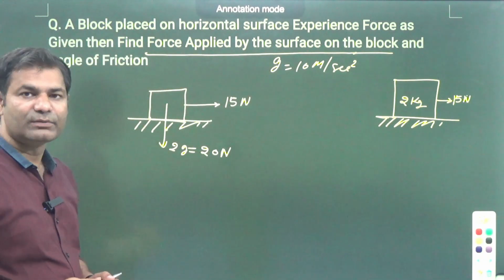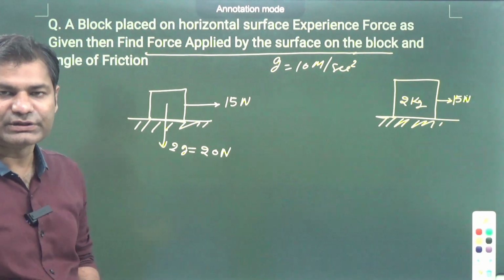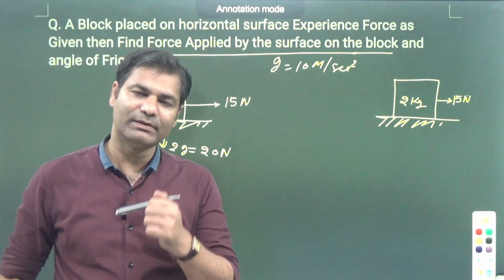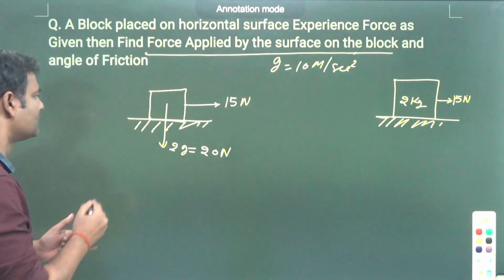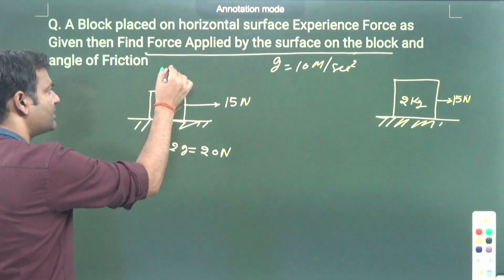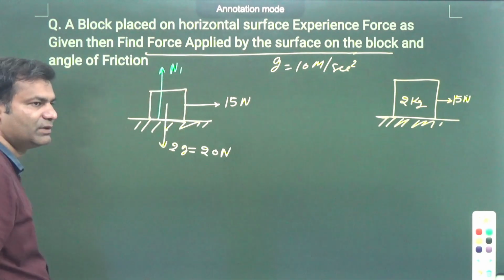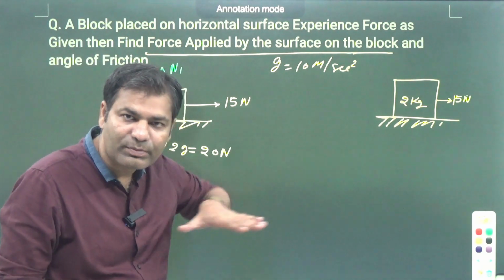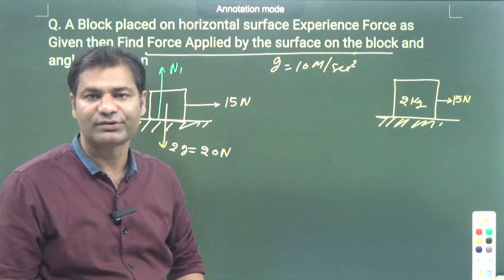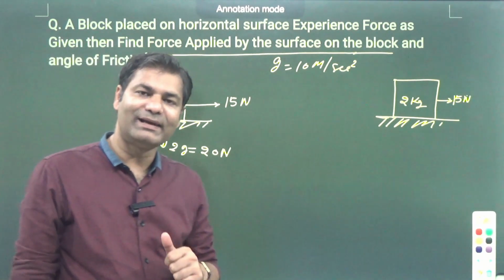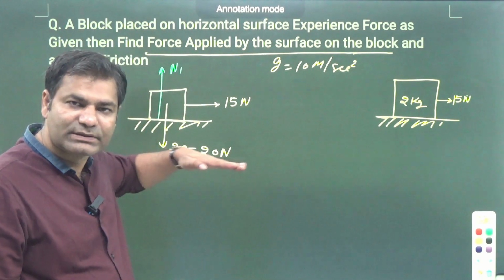Now, the force applied by the surface on the block. The surface applies two forces on the block. First one is the normal force, N1, which is always perpendicular to the surface. The second one is the frictional force, which is parallel to the surface.